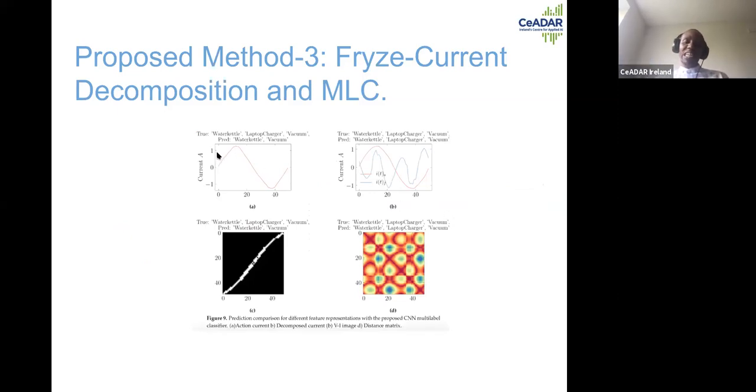If you just use the current signal, you will be able to detect only 2 appliances. But if you decompose this into active and reactive, then you'll be able to detect all the appliances. Or if you use only the VI trajectory, it can only detect 2 appliances. But if you decompose and use the distance similarity matrix, this can detect all 3 appliances.